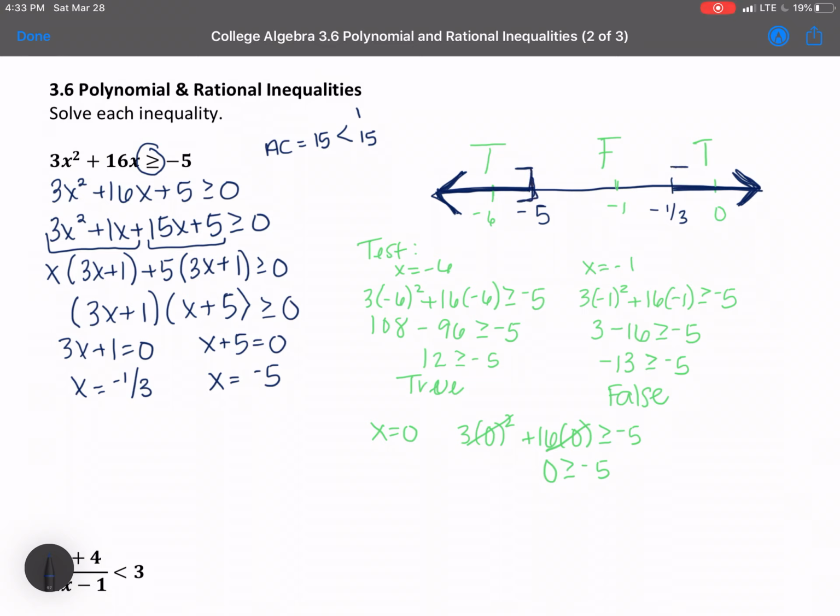Then we can write our solution in interval notation. So we have negative infinity to negative 5, bracket, union, bracket, negative 1/3 to positive infinity. And that is your answer.